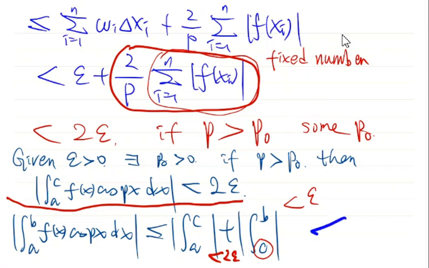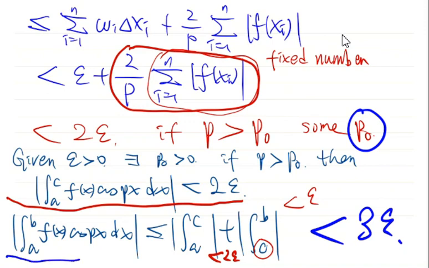Therefore, in conclusion, this is smaller than 3 epsilon. So we have proven that given epsilon positive, we can find a p_0 positive so that once small p is greater than p_0, the absolute value of our integral will not be greater than 3 epsilon. So this proves that the integral goes to 0.